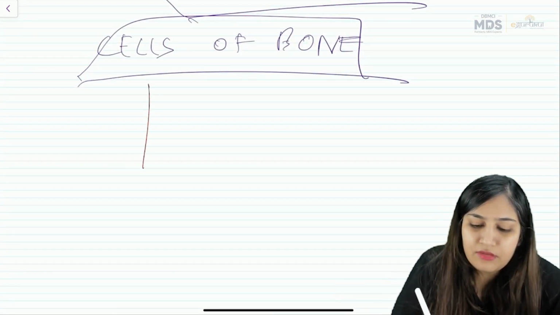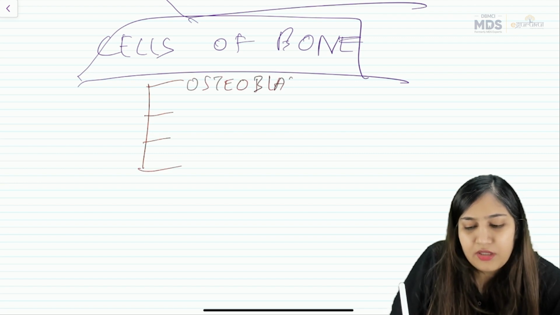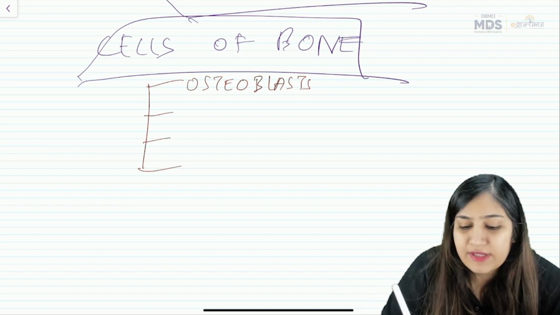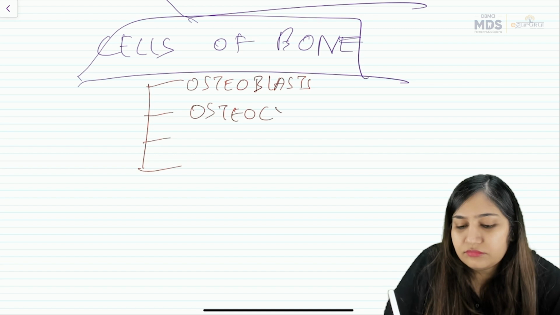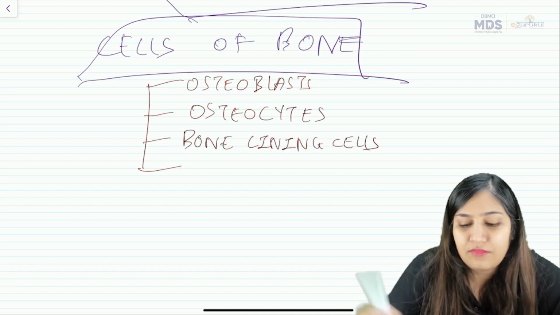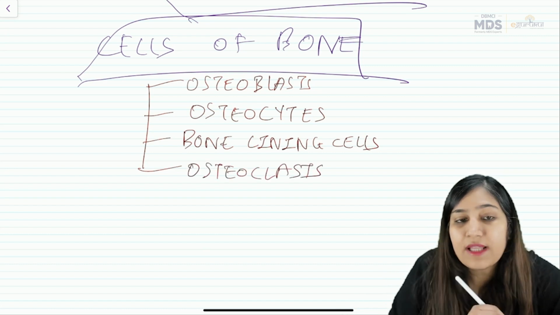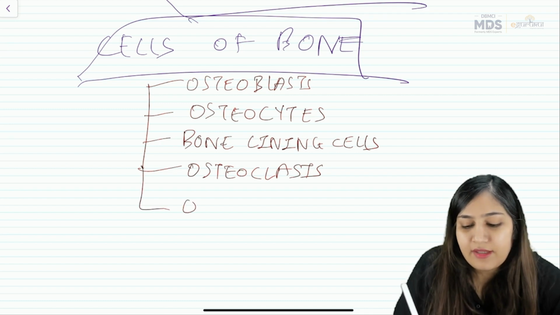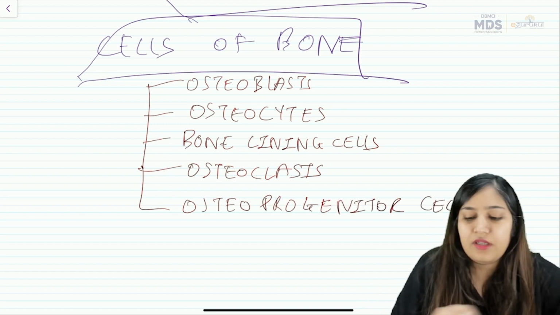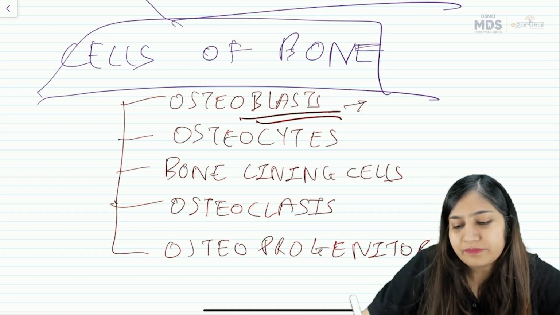Mainly we will have osteoblasts, osteocytes, bone lining cells, osteoclasts, and there can be one more cell, the osteoprogenitor cells. So osteoblasts, from the word itself, are involved in bone formation.